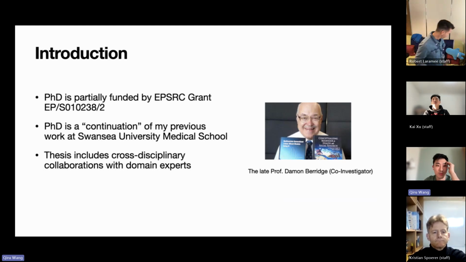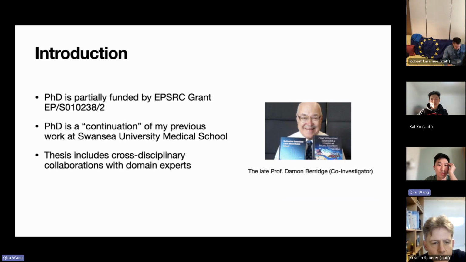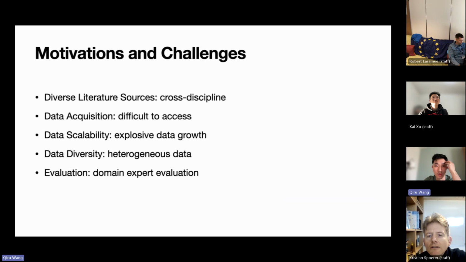This thesis includes cross-disciplinary collaborations with many domain experts. The motivations and challenges behind the topic stem from diverse literature sources, which are naturally cross-discipline, and the data acquisition process related to electronic health records, and the scalability issue we found from the explosive data growth and the diversity in the EHR data we collected.